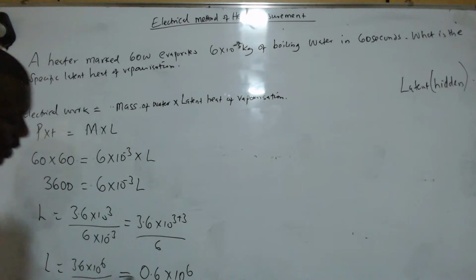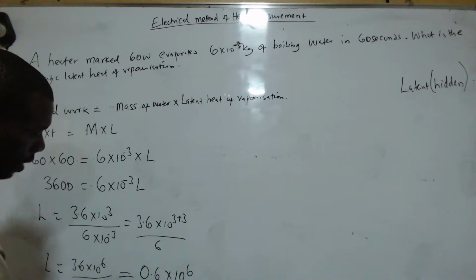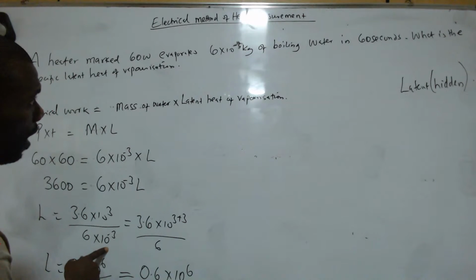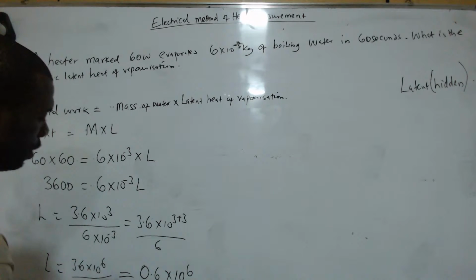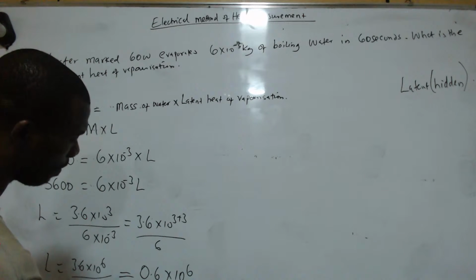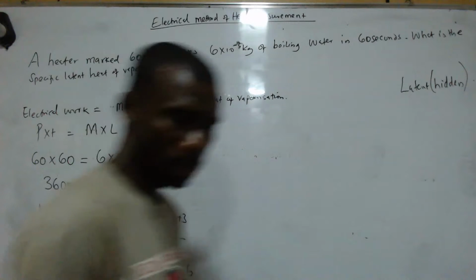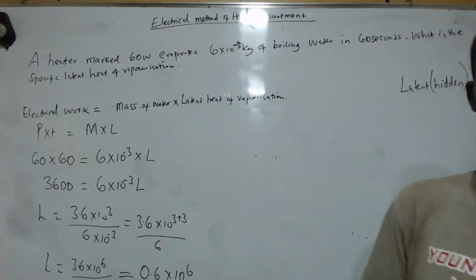We can express this in standard form as 6 times 10 to the power 5. Now the unit is joule per kilogram. That is how it is.